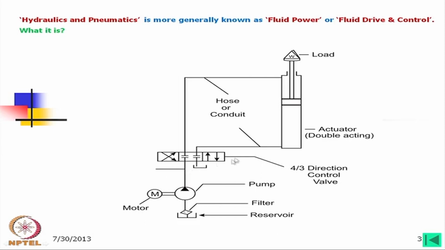So, if the pressure rises above some limit, then oil should go back to the reservoir, and for that we add a pressure relief valve. What is a pressure relief valve? We can set a limit pressure here, which might be slightly above the system pressure. So, if there is any problem, then the oil will pass through the relief valve and go to the tank, and thus the safety is maintained.